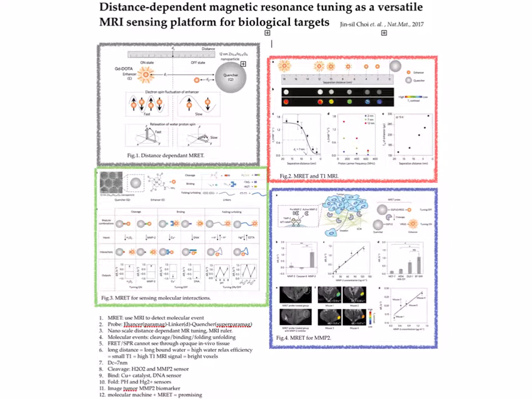In this case, we can not only detect where the molecular machine is, we can also know if it has some reaction with different proteins, etc. Because if they react, the molecular conformation will change, like the Q and E distance will change, so we can see it from the T1 image. So I think this is a very good approach for our biology and especially for medical science.